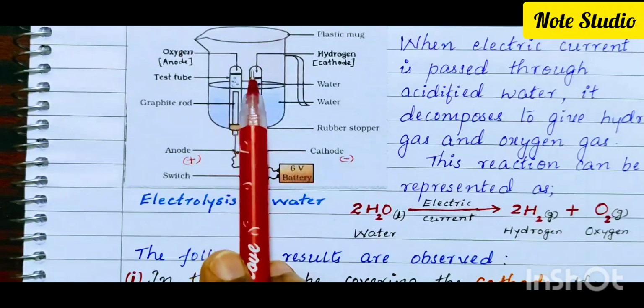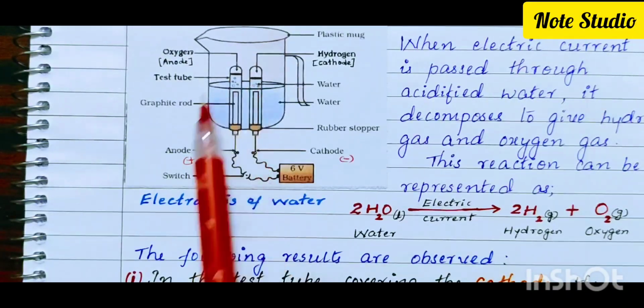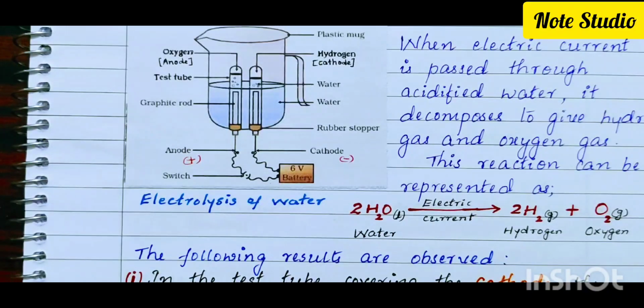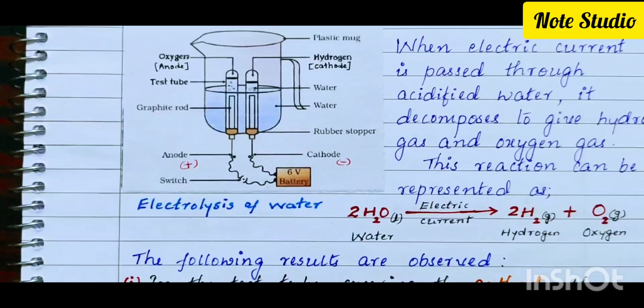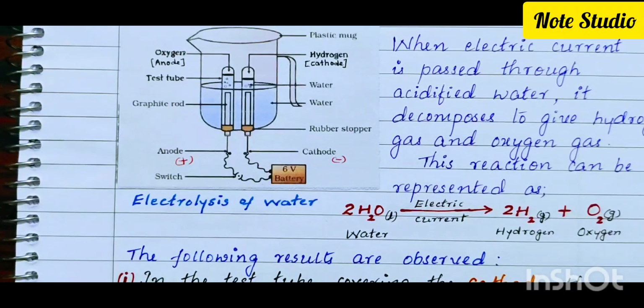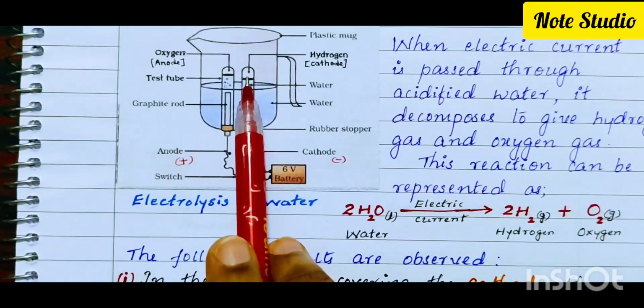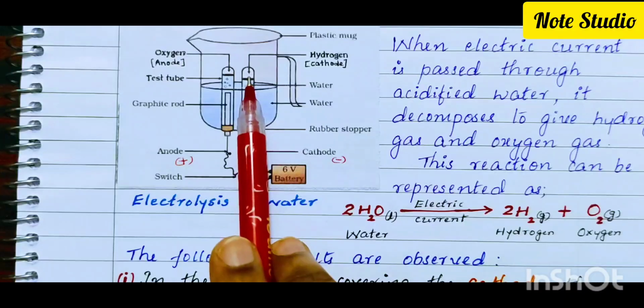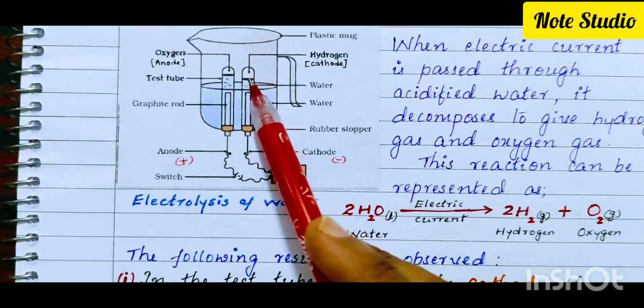Before it was full. Before the experiment, we had taken both the test tubes completely filled with water. Now we can see after the experiment, when we have passed the electric current, the test tube covering the cathode side has more space. That means more water is displaced.